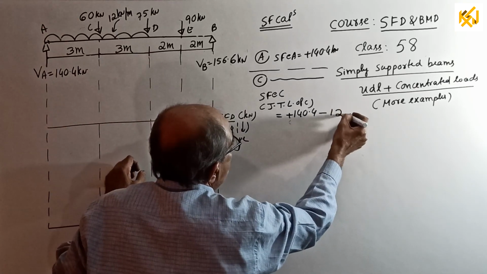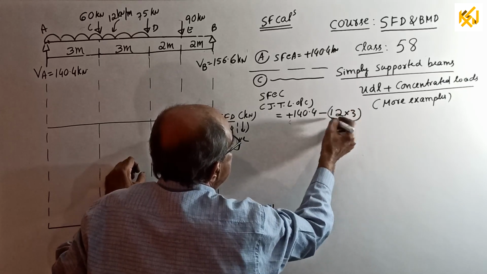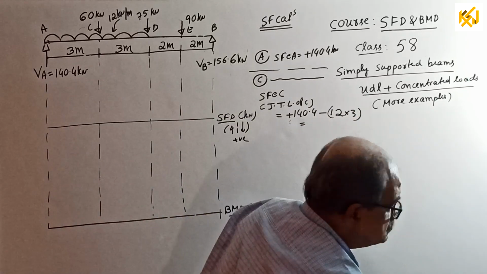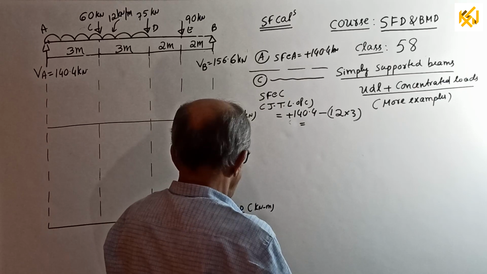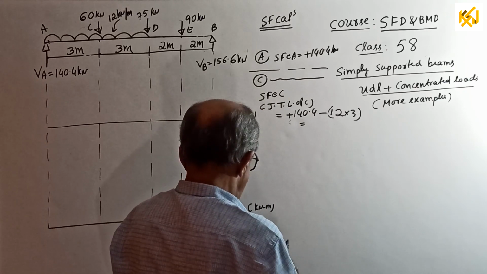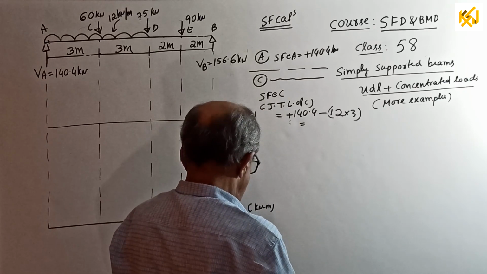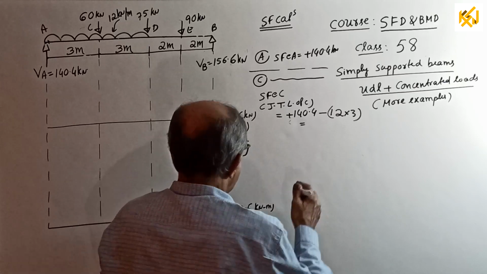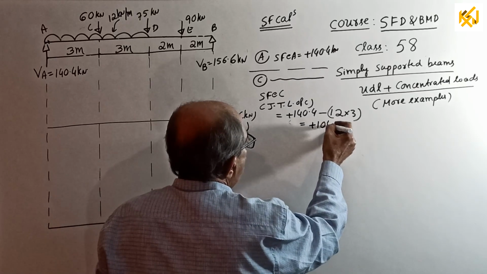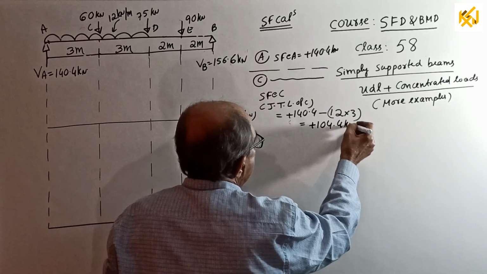Minus 12 into 3 equal to plus 104.4 kilonewton.